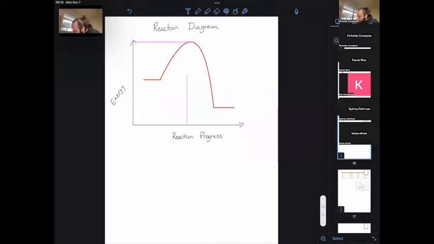We took a look at this curve when we discussed thermodynamics, and we said that the only portion of this curve that corresponds to the thermodynamics of a reaction is the initial energy of your reactants. So over here, I have my reactant energy. Over here, I have my product energy. So this level here and this level here, this is the thermodynamics of the reaction.